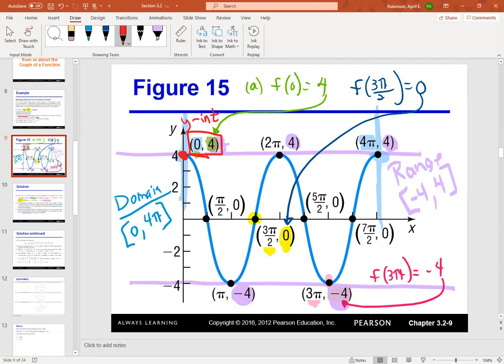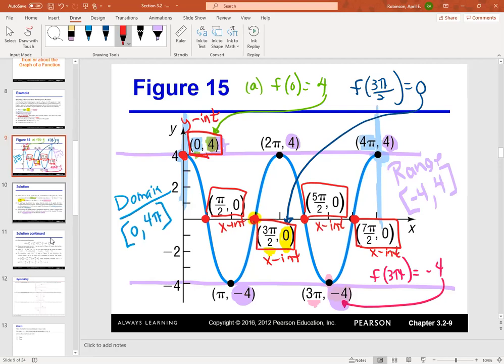So this point right here is my y-intercept. When I look at the x-axis, I've got 1, 2, 3, 4 x-intercepts. This point, this point, this point, and this point. Those are my x-intercepts. So one y, four x's.